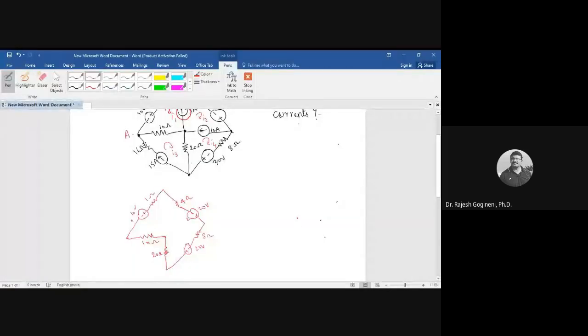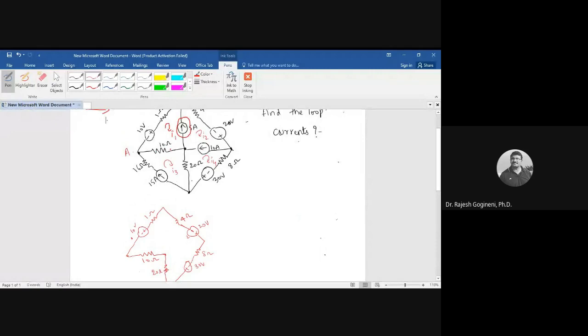Because two super meshes are there, one is enough, and we will get the relations. If you see the first two loops, I2 minus I1 is 5 amperes. This is one relation we get.